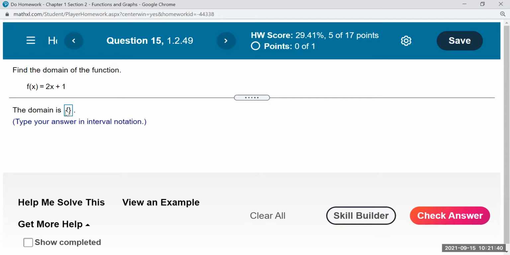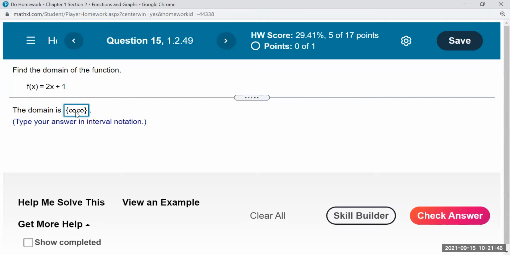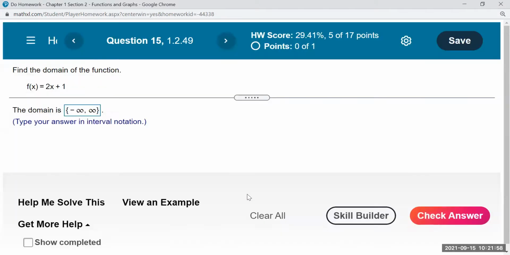Give me the inequalities there. It's a comma between there, and it's negative. No, the domain is negative infinity to positive infinity.